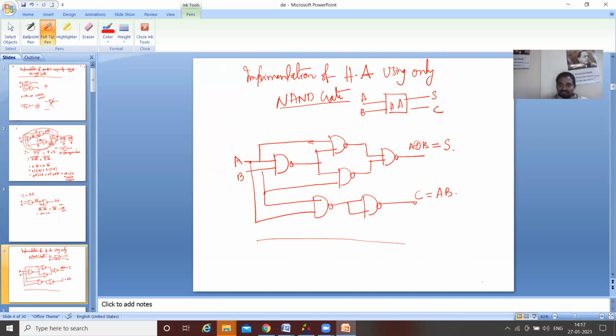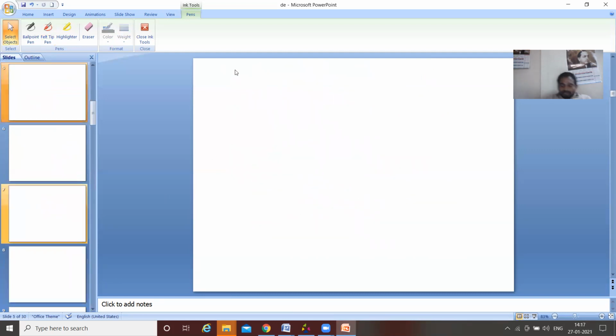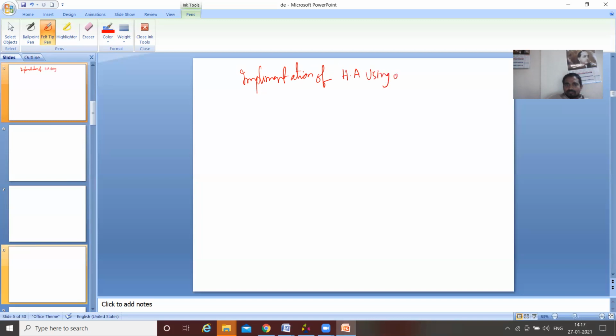Next, we see the next one: implementation of the half adder using only NOR gates.